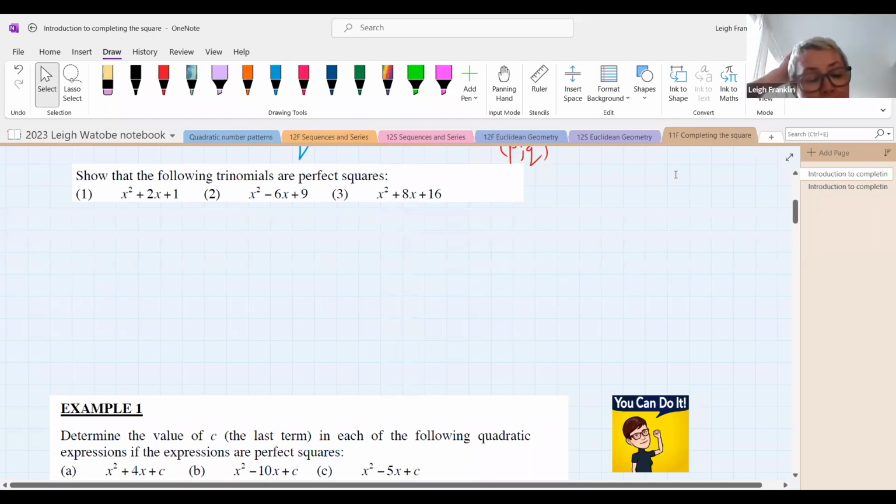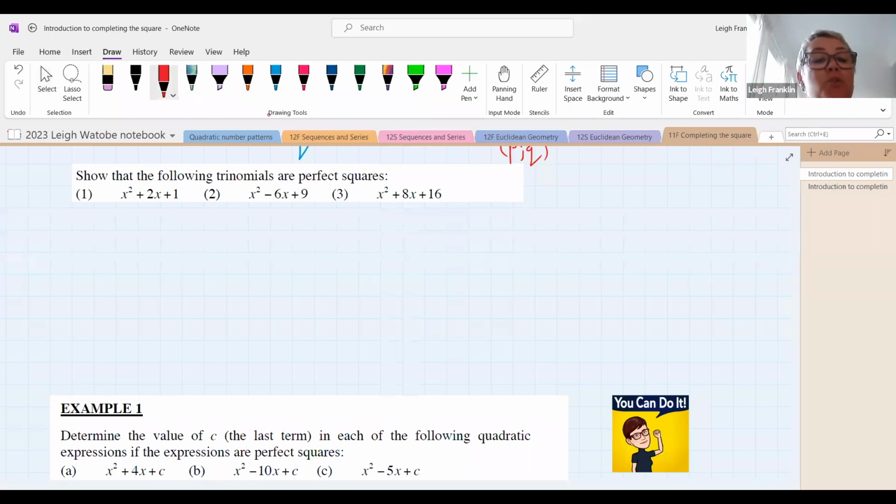Thinking back to grade 10, because that's the first place we would have seen perfect square trinomials, how can I factorize number 1? When it factorizes, what does it end up looking like? Can anybody tell me in the chat, what would I end up with if I factorized this perfect square trinomial? Anyone got any ideas as to what it would look like once it's been factorized?